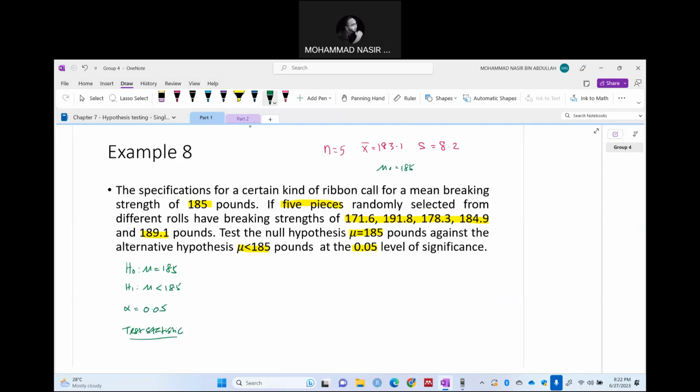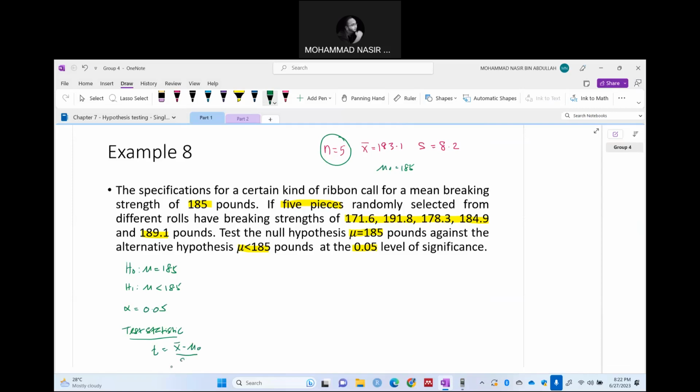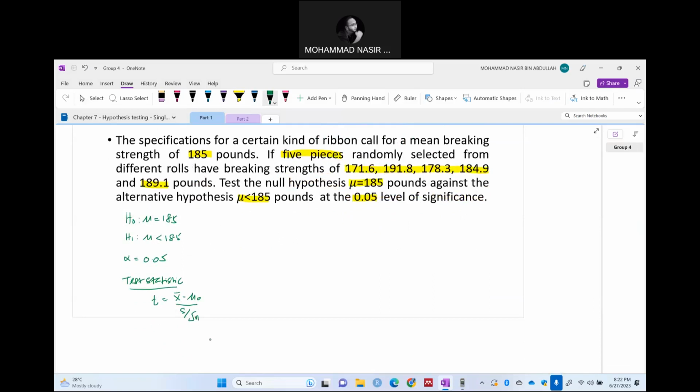Then we take a test statistic. So in this case, the population variance is unknown, right? And the sample size is less than 30. So we need to use the T distribution, x bar minus mu naught divided by S over square root of n. Right? So this is the formula for the T distribution.